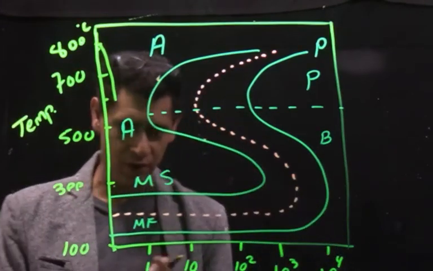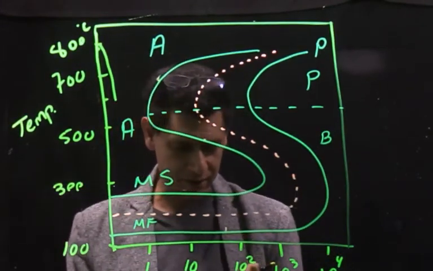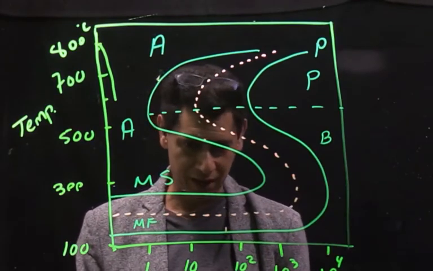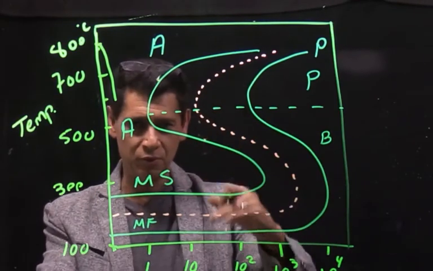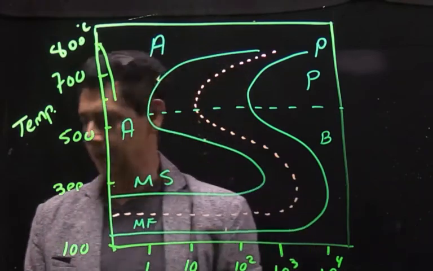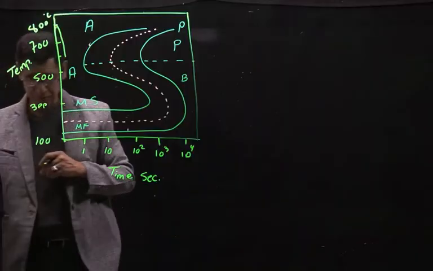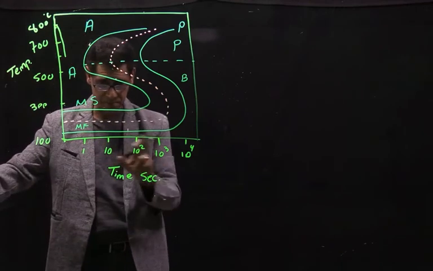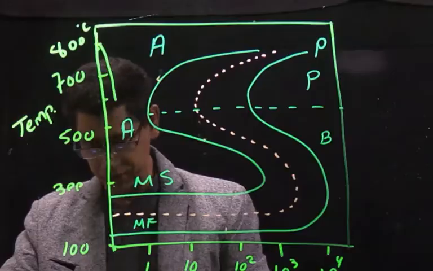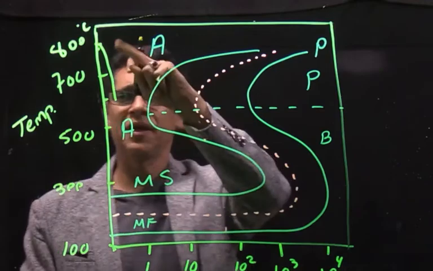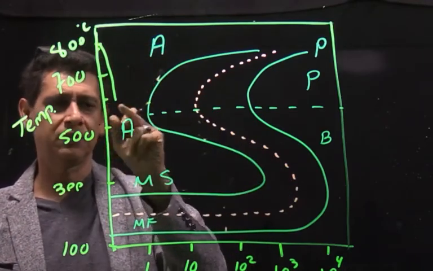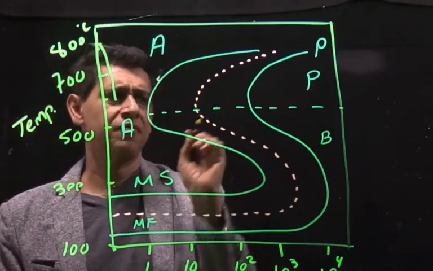These are seconds: 1, 10, 100, and you can see 1,000 and 10,000. So you maybe don't see that lower part. This is the time. So I bring it down to 600, and then I give plenty of time.